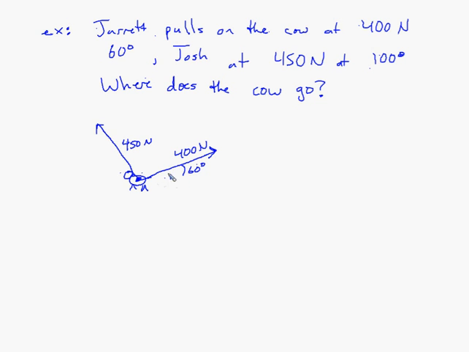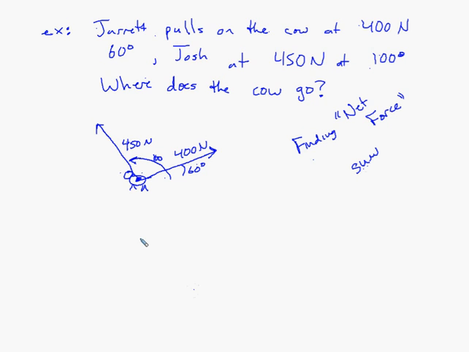And now his angle is this, 100. Okay? So ultimately what we want to do is get all the components and add them all up. What we're finding is what's called the net force. And the net force is the sum of all the forces acting on it. So I'm going to add them up. This is a sum.